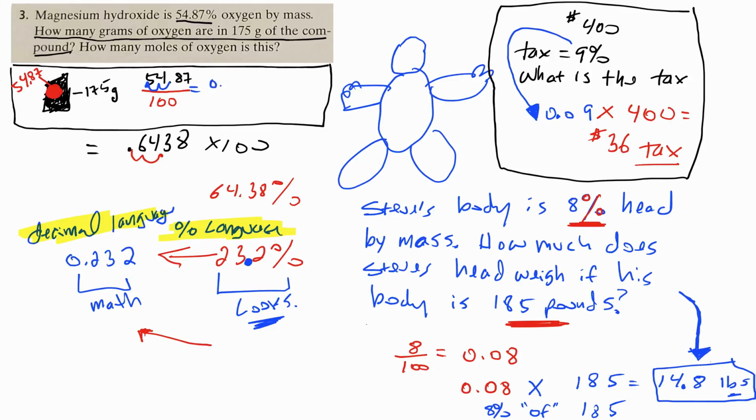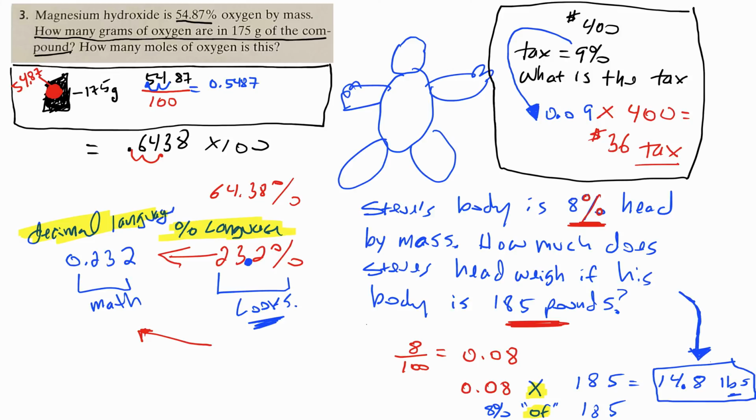So 0.5487. All right, so we're going to figure out 54.87% of the other number, and "of" is which operation? It's right here. Yep, of is multiplication.